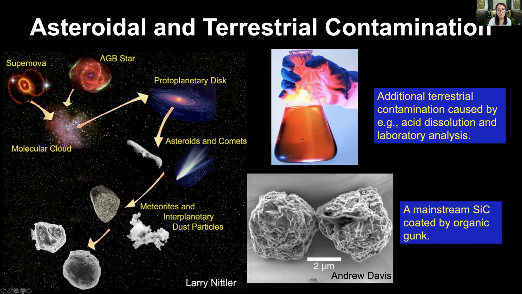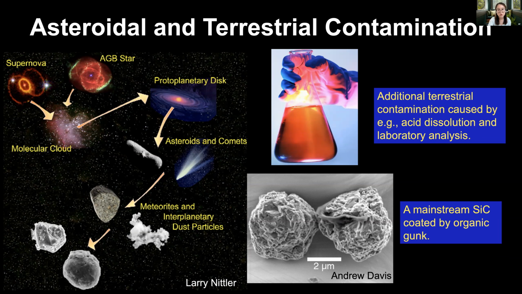Here is a clear example of an organic coated pre-solar silicon carbide grain. If we were to measure its nitrogen isotopic composition, the sampled material would be a mixture of stellar and solar materials, and therefore the determined carbon and nitrogen isotopic composition of this grain would lie somewhere between the true stellar and the solar compositions.